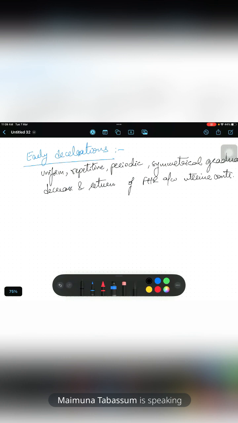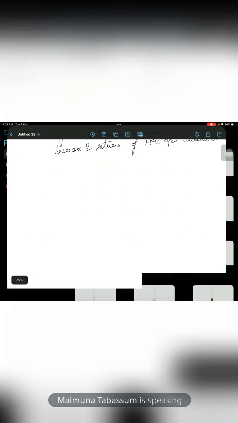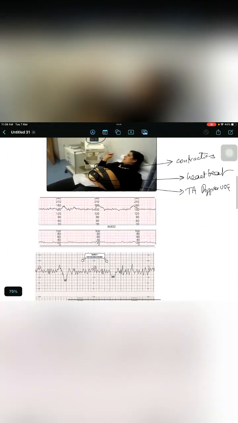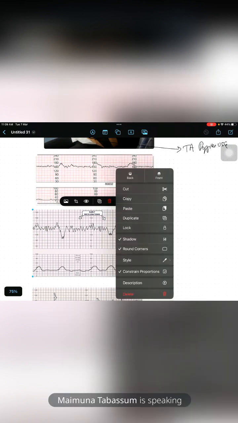Let me show you how this early deceleration looks. So these are the early decelerations.